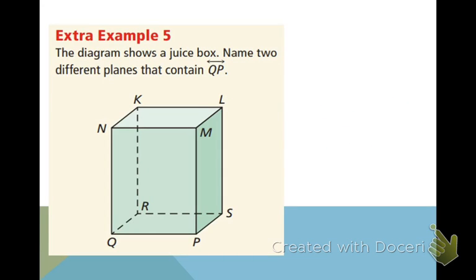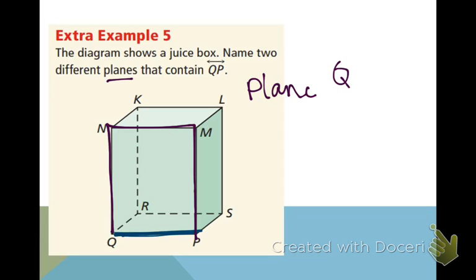The last thing we'll do together is name two different planes on this juice box containing QP. So we have QP. You want to see which rectangle QP is the side of. And if you look at the side of the front part of the juice box, when we're naming a plane, we always first write the word plane, and then we use 3 points on the box.